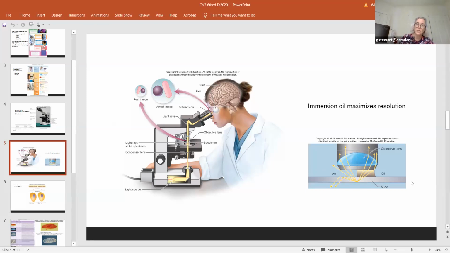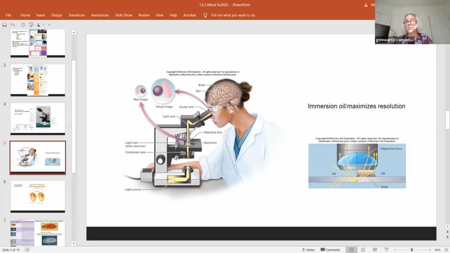And so in the 1800s, when compound microscopes were just becoming available, I'd say like the mid 1800s, 1850s, 1860s, they very early on figured out we have to have something to prevent this loss of light and this bending of the light rays when it hits this air pocket. And so immersion oil was invented, and that's what it's called, immersion oil.